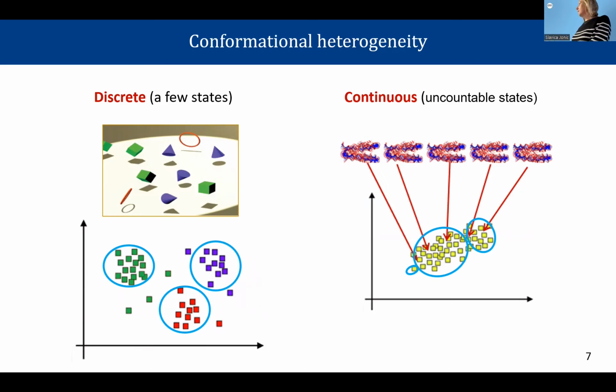You will get some classes that will be underpopulated, and some classes that will be overpopulated. So this is the limitation of discrete classification methods. In the case where the conformational variability, or heterogeneity, is what we call continuous, you don't have a clear separation between clusters, but you have a cloud of points here, and you cannot really split this space into a small number of classes.